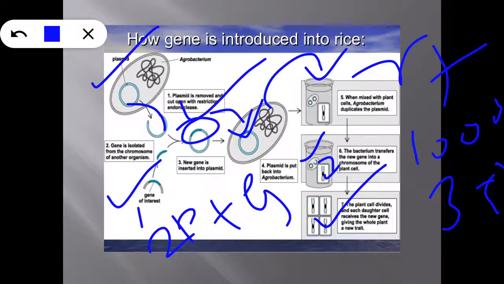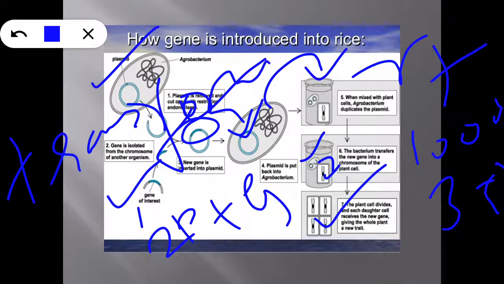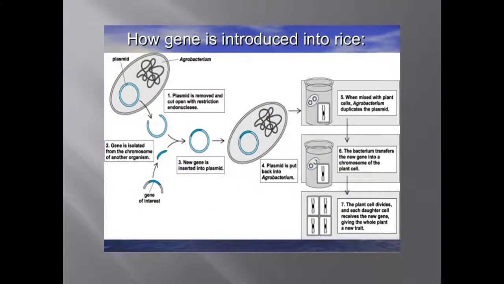After the infection, it introduces the plasmid along with your desired gene into the plant cell or the plant genome, and thus the plants are said to be transformants. Transformants means the cells which have received our desired genes. So this is all about the procedure for the introduction of the gene.